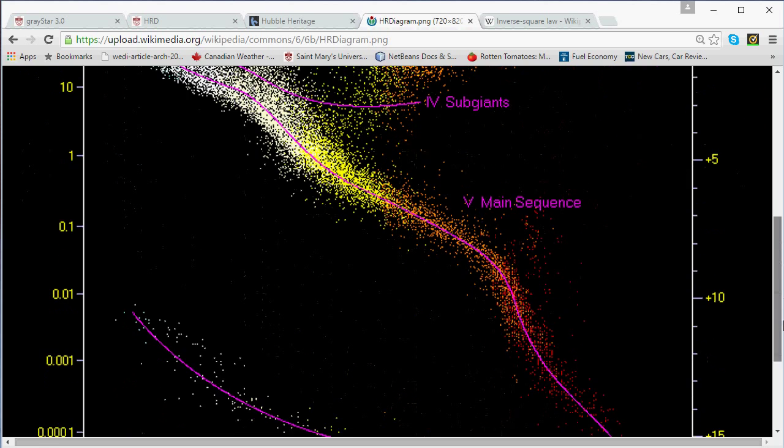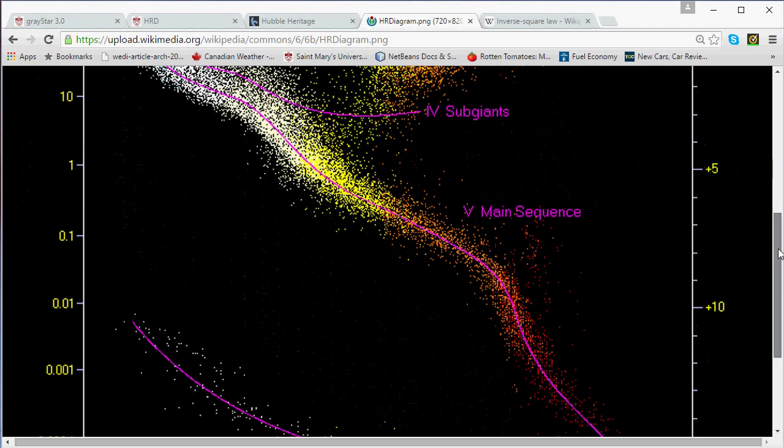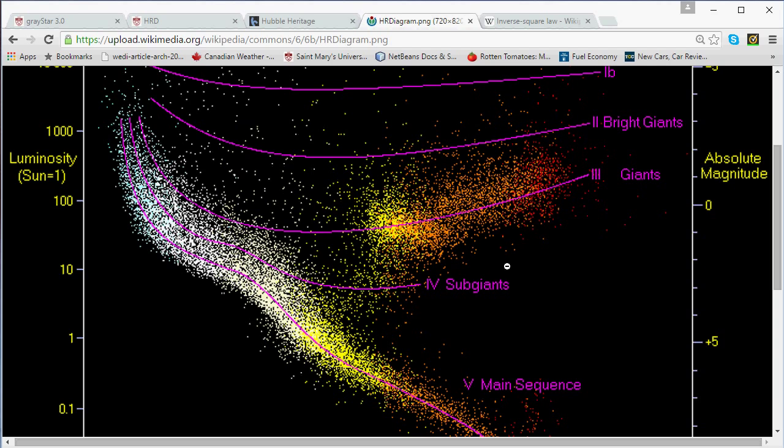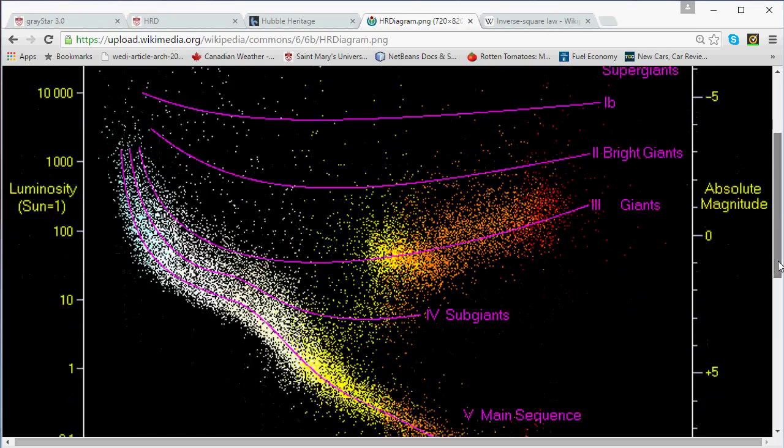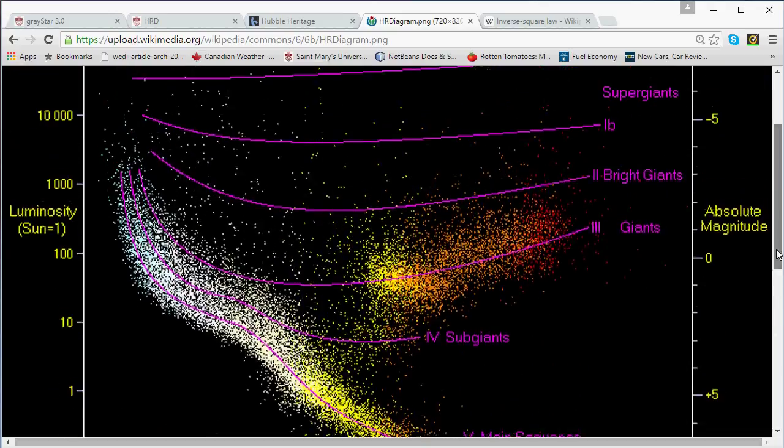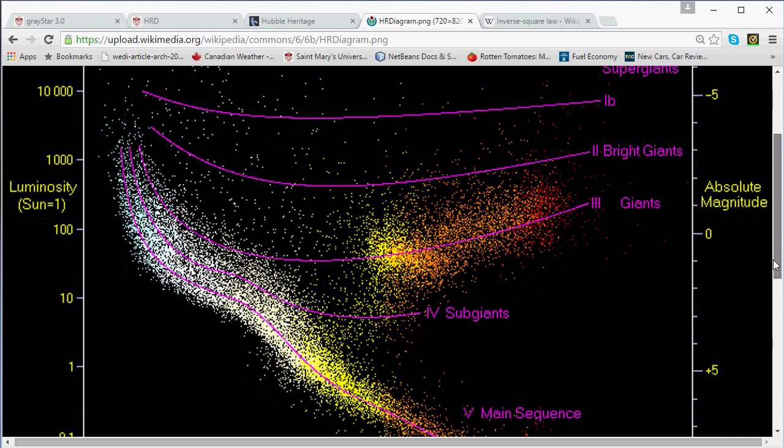That's where the main sequence stars are relatively faint compared to the giants. So there's a big difference between main sequence stars and giants over here on the right-hand side. And in turn, the giants are distinctly fainter than the supergiants. So on the right-hand side, those three classes are very distinct and very meaningful.